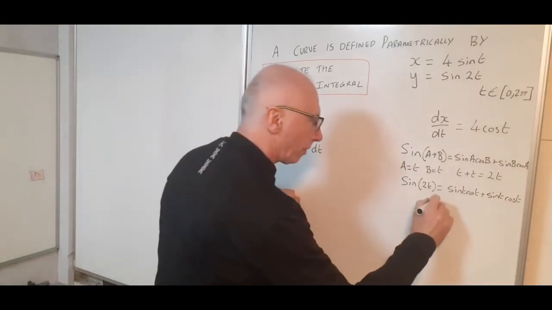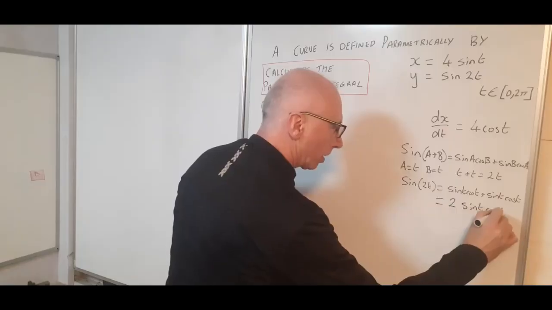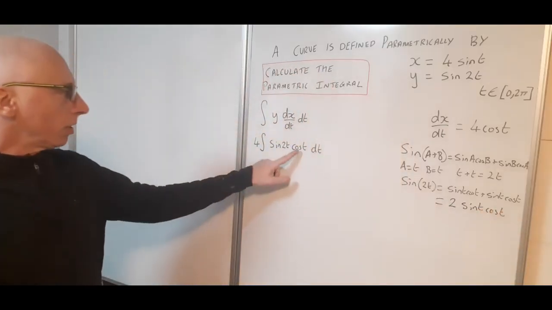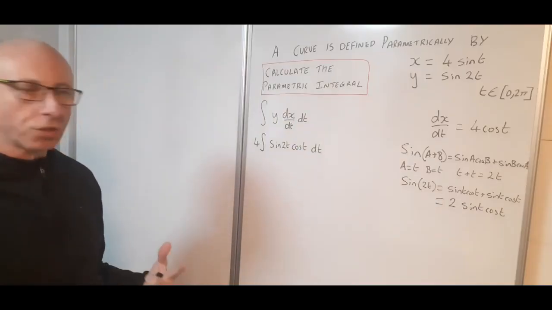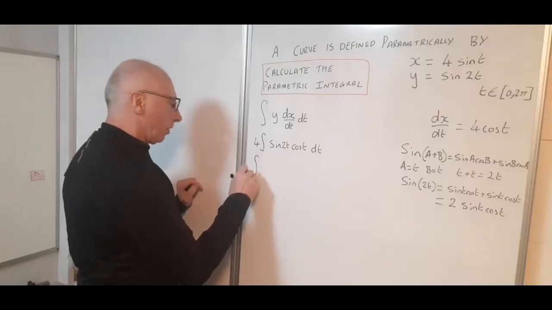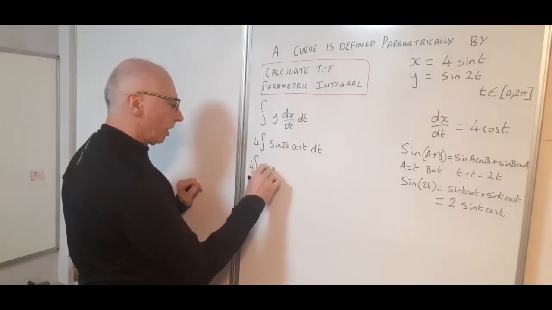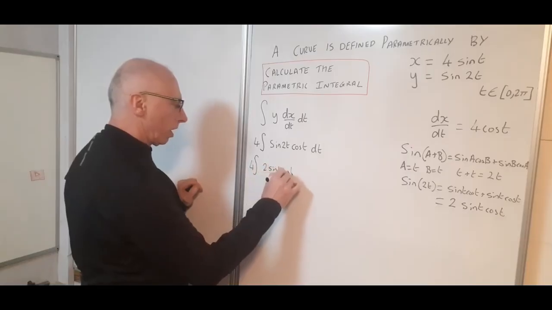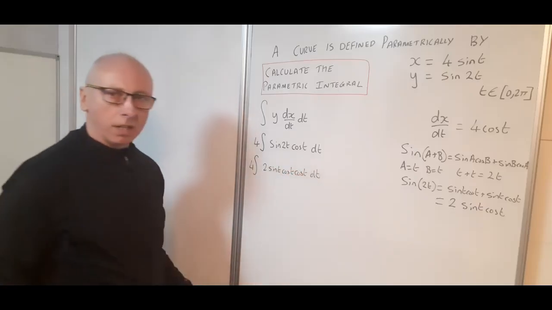So let's just write that out: 2 sine t cosine t. Now everything's in terms of t as our input to our trig function. So now we've got 2 sine t cosine t cosine t dt.